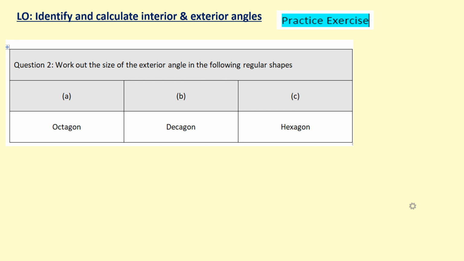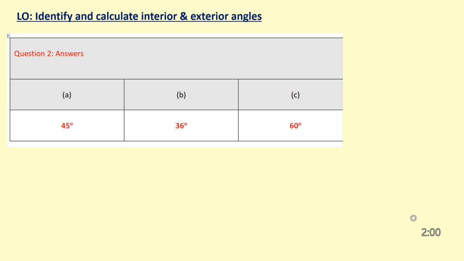So just mixing it up a little bit. Pause the video, have a go at these, please. Now we have our answers here for those 3 questions. Give yourself a minute just marking these.